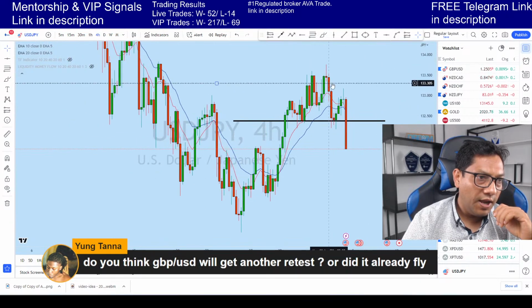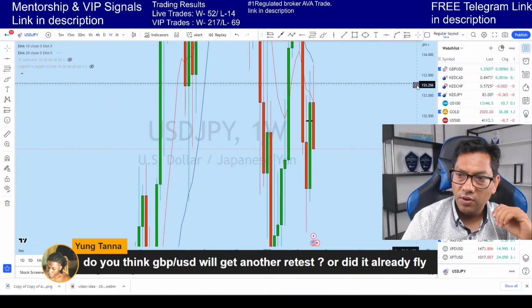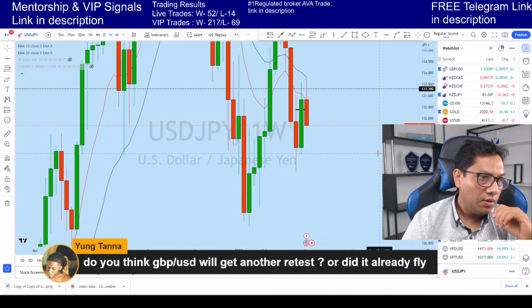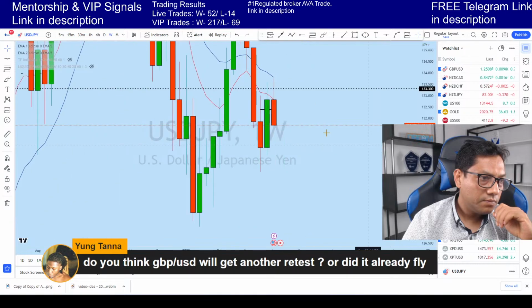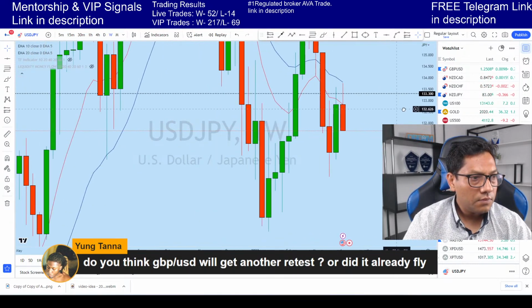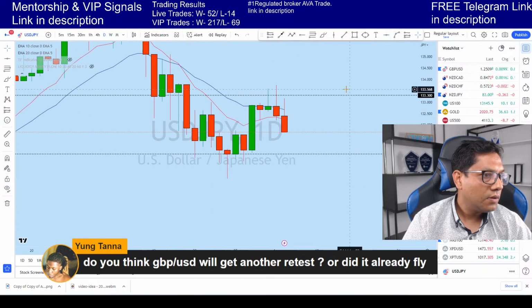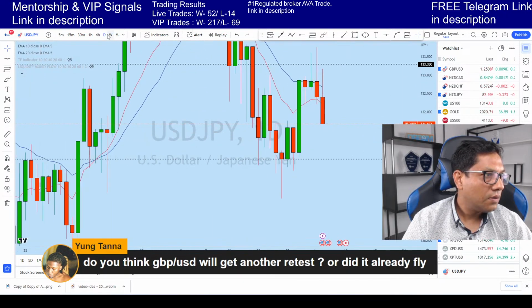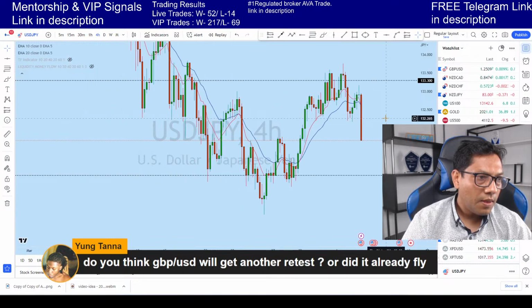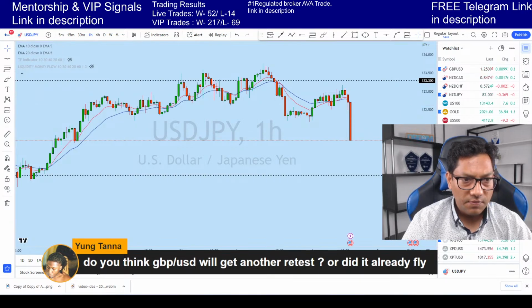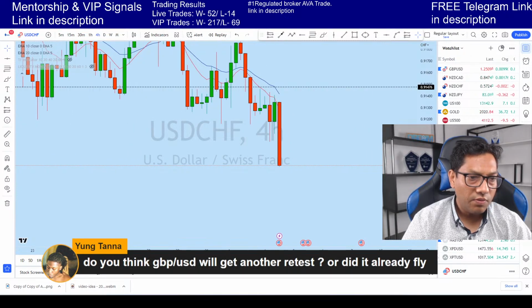It formed a head and shoulders with this doji, and then dollar yen, if I look at this weekly, see the support here. There's a big drop on dollar yen. Dollar Swiss franc did the same thing. There's a big rejection from the top.